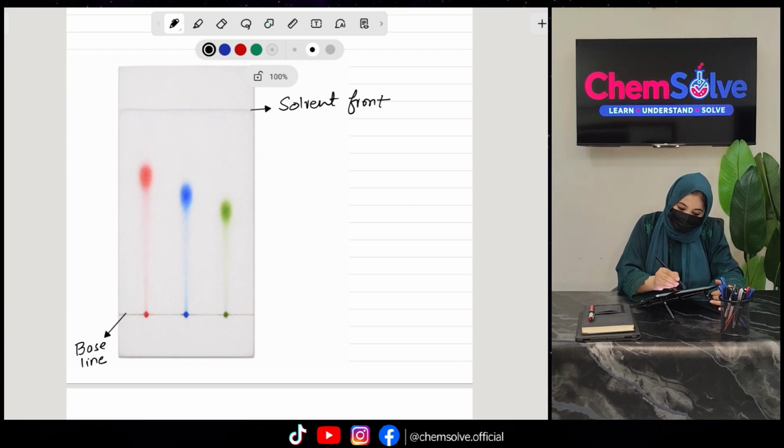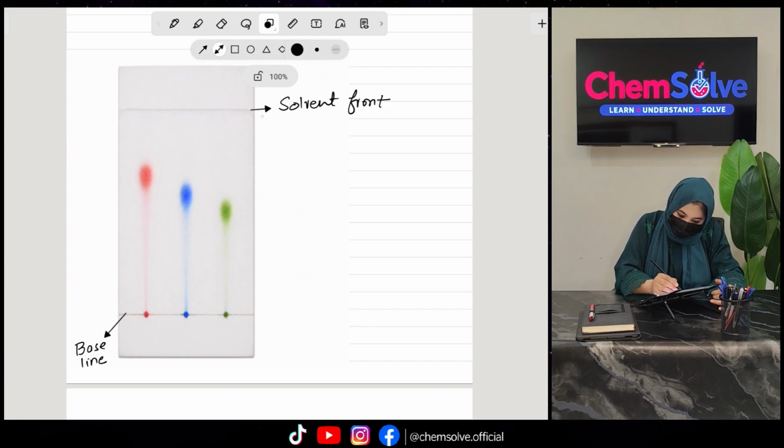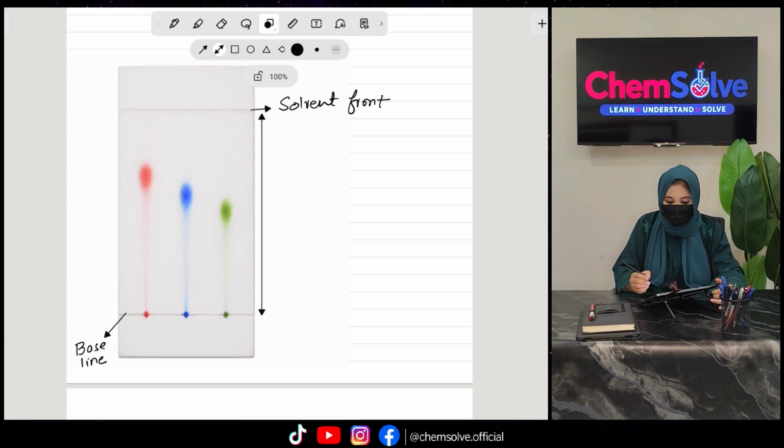So distance traveled by solvent front would be this. This whole distance represented by the double-headed arrow is the distance traveled by the solvent front.